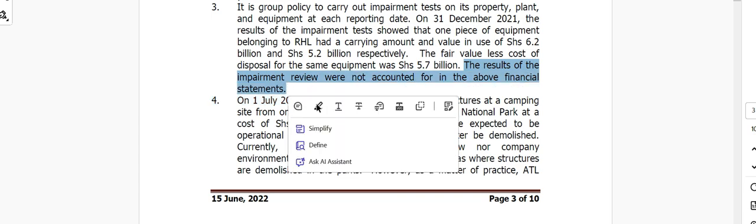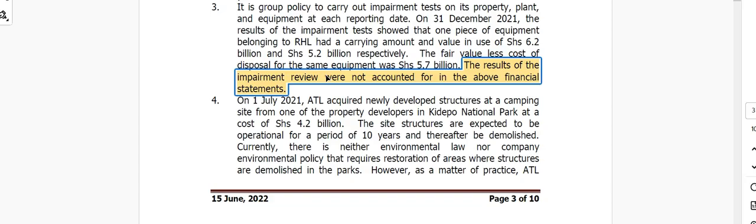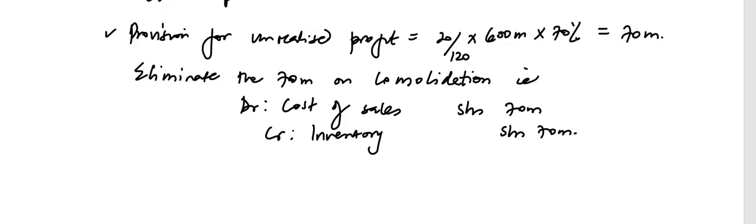The fair value less cost to sell of the same equipment was shillings 5.7 billion. The results of the impairment review were not accounted for in the above financial statements. When you see they were not accounted for in the financial statements, then you must account for them. So this is going to be our working 5.